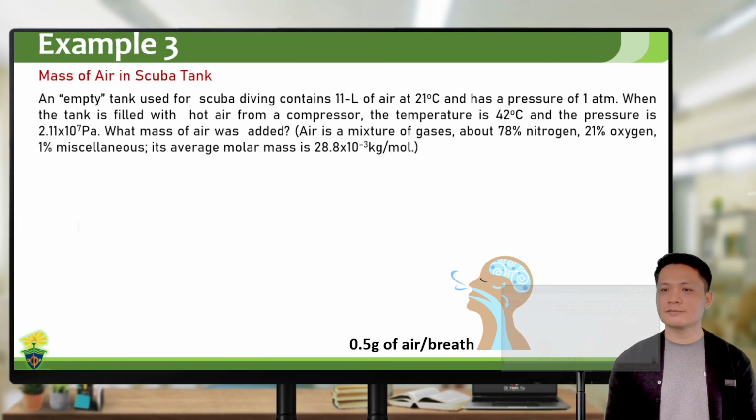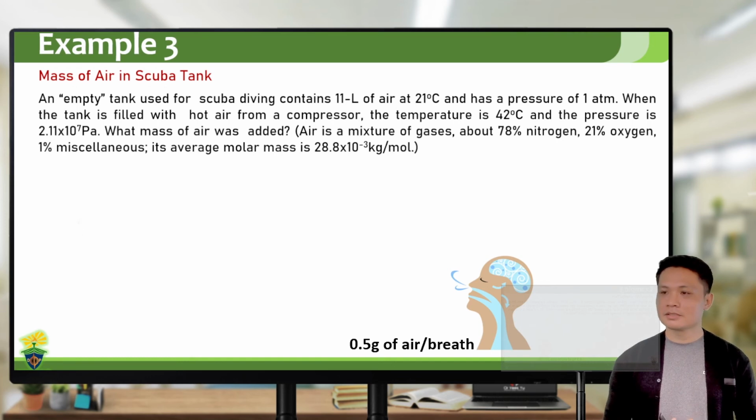When the tank is filled with hot air from a compressor, the temperature rises up to 42 degrees Celsius. And the pressure will considerably go higher, up to 2.11 times 10 to the 7 Pascal. So what mass of air was added?